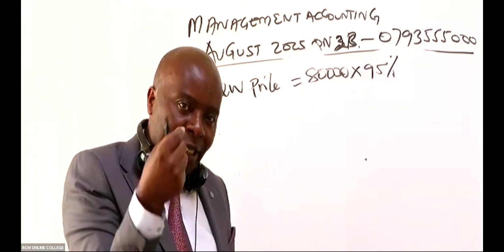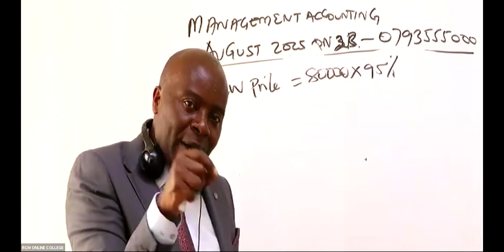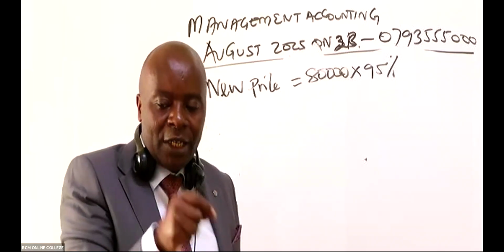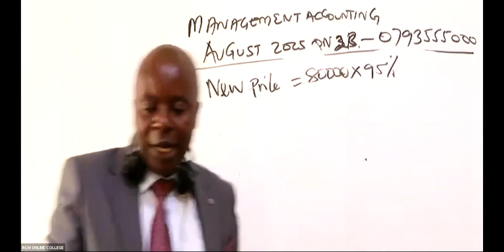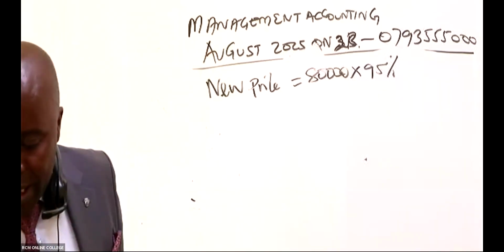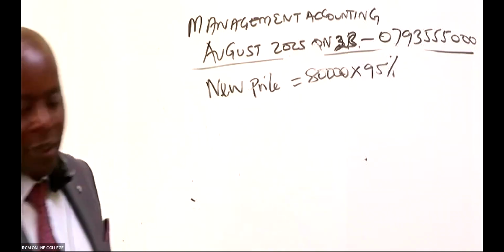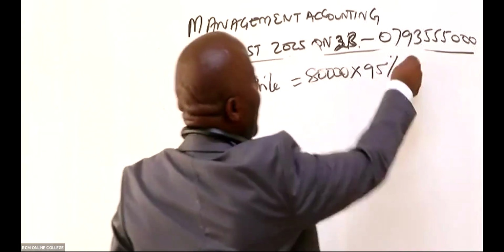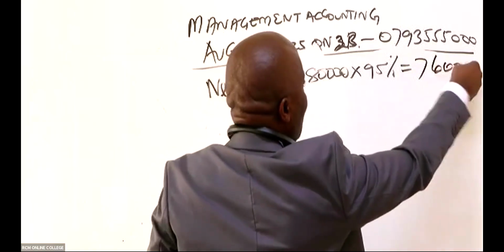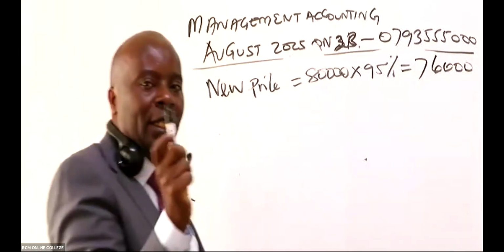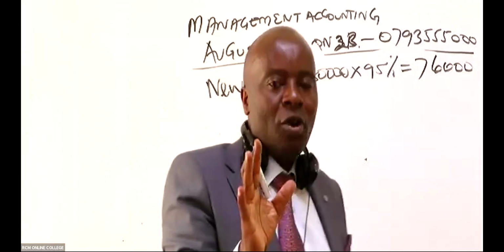You see, normally the price is at 100%. So if it reduces by 5%, it shall be 95%. So the new selling price, I'm being given an answer here, 76,000. So the new price here is 76,000. Because they have told us that, fine, we had our old selling price of 80,000.